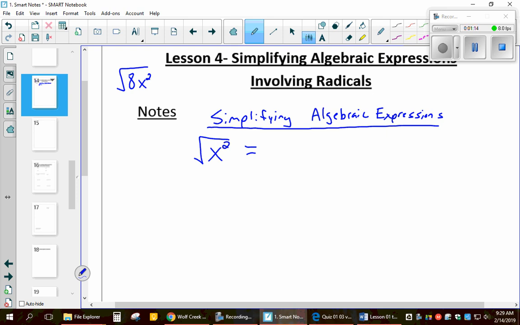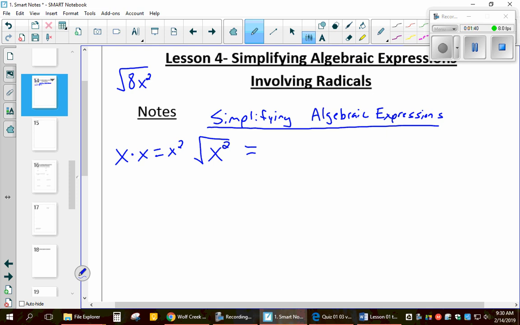So square root of x squared, do you guys remember, you're picturing this, right? This would be the same thing as, well, x times x is equal to x squared, right? So if you took the square root of x squared, what would that give you?